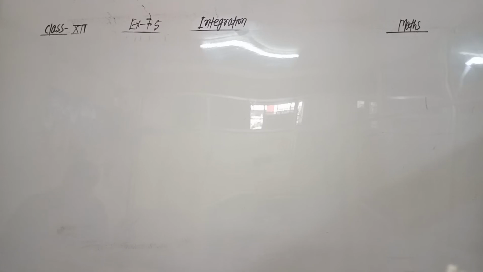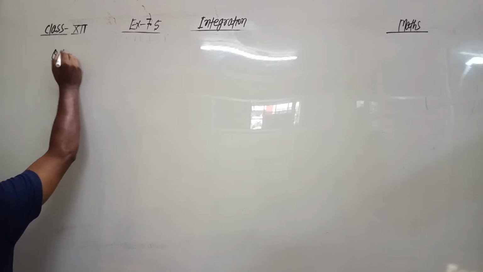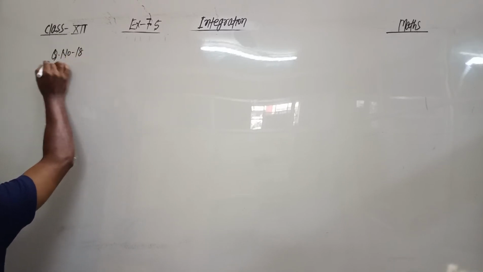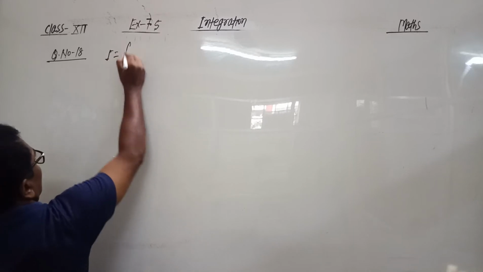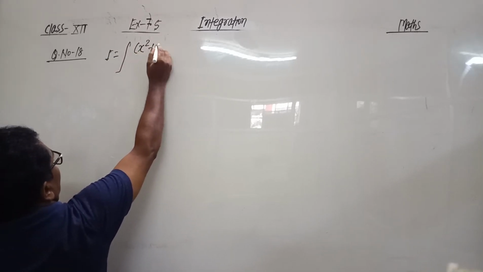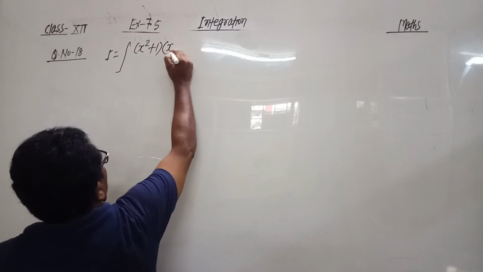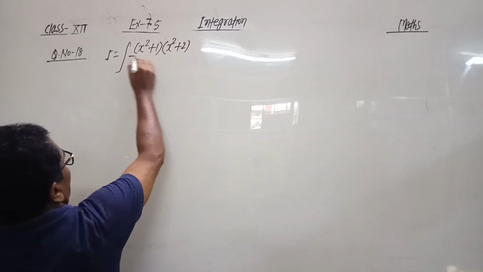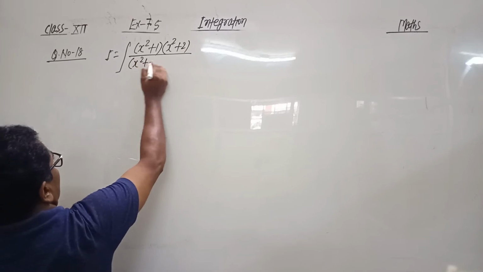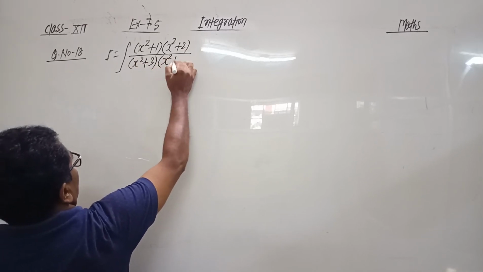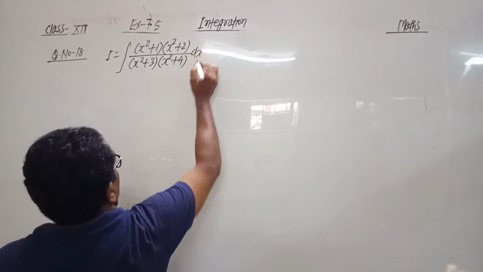Question number 18. Integration x square plus 1 into x square plus 2 upon x square plus 3 into x square plus 4 dx.